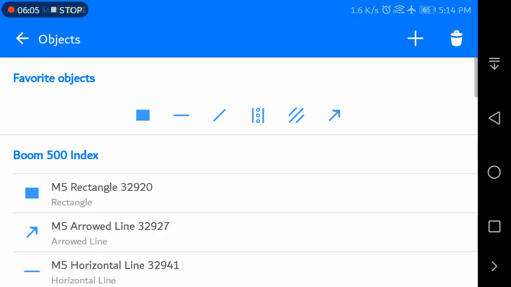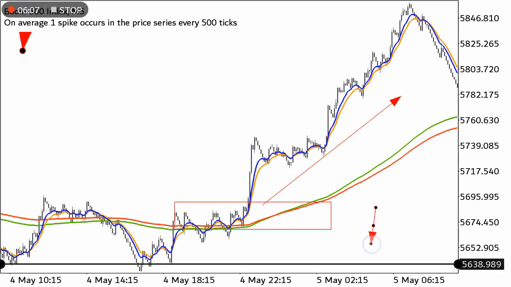Put your stop loss here, and please, please, please don't say that the stop loss doesn't work in Boom and Crash. I don't want to read in the comments that Boom and Crash doesn't accept the stop loss. Why not? The stop loss helps you to limit your losses.